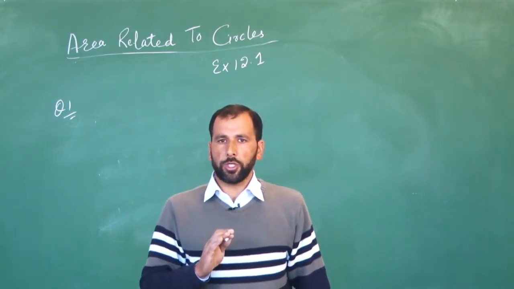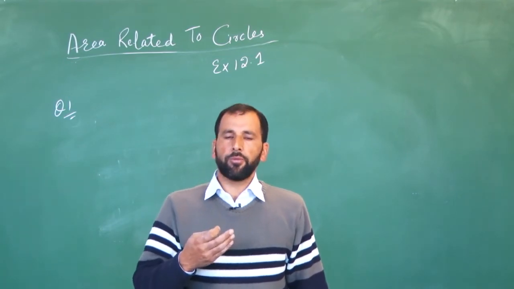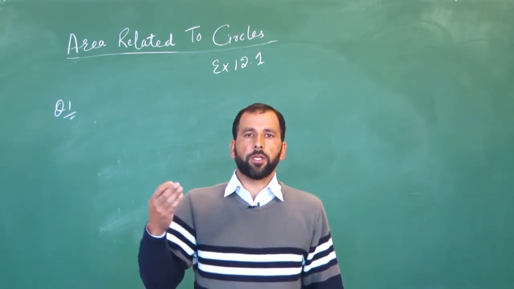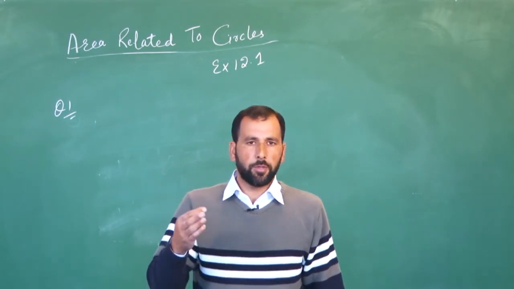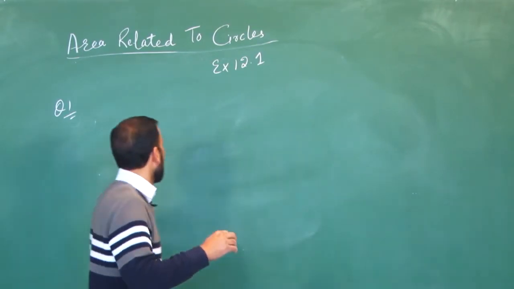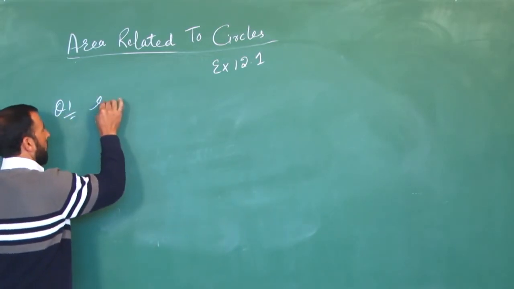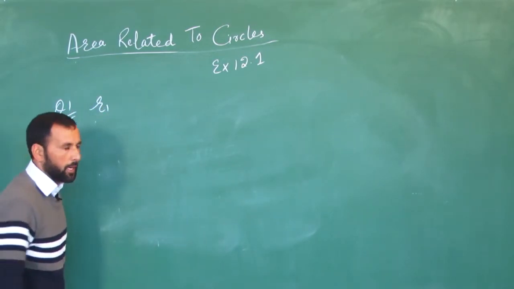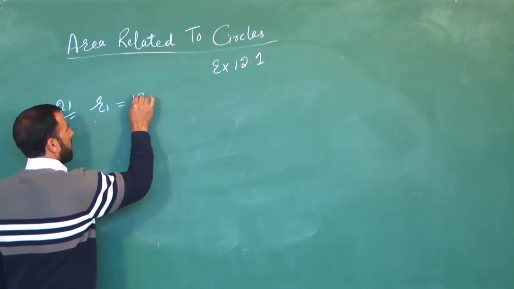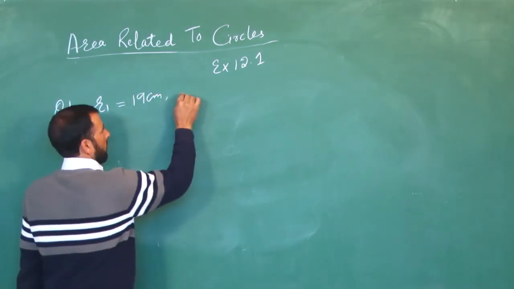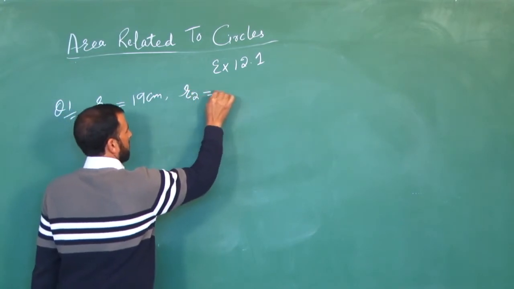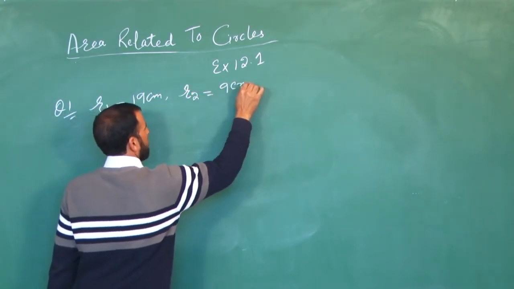And according to the question, the sum of the circumferences of the two circles is equal to the circumference of the other circle. So R1 means radius of the first circle, that equals 19 centimeter, and R2 means radius of the second circle, that is 9 centimeter.